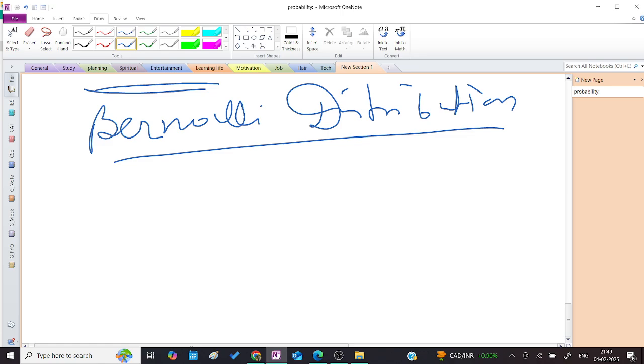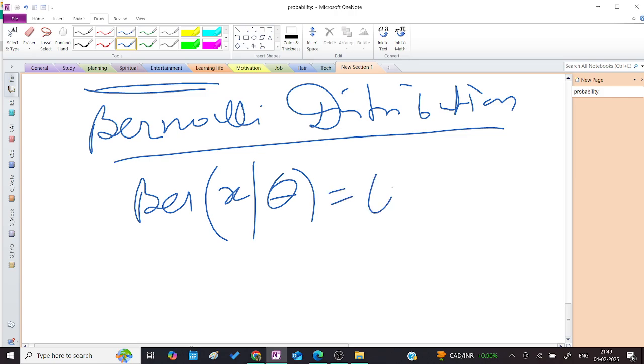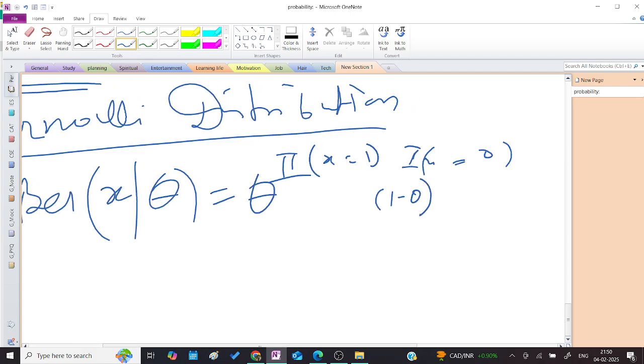Then we can say that the probability of getting a head is given by theta to the power indicator function x equals 1, times (1 minus theta) to the power indicator function x equals 0. Okay, so this is equal to theta when x equals 1 and 1 minus theta when x equals 0.